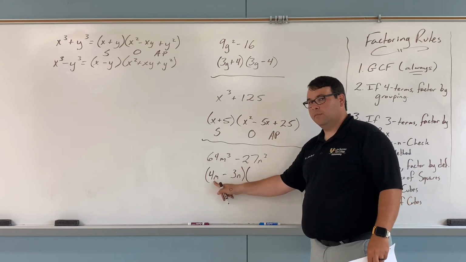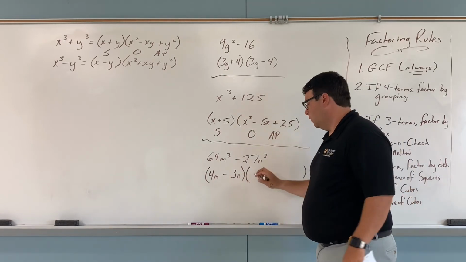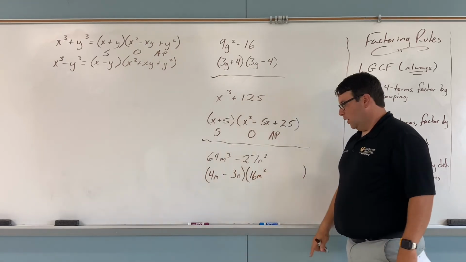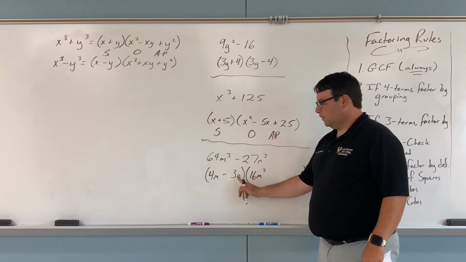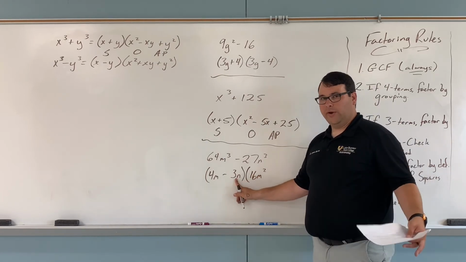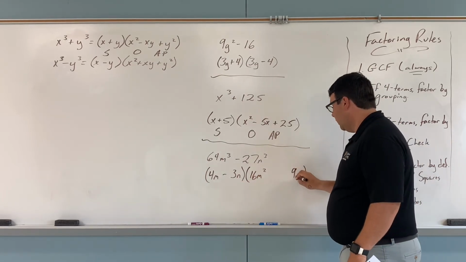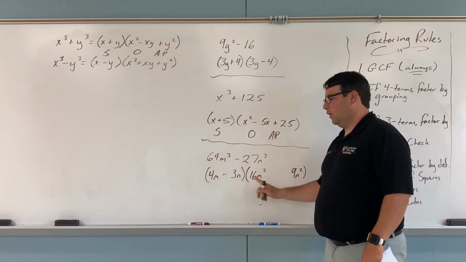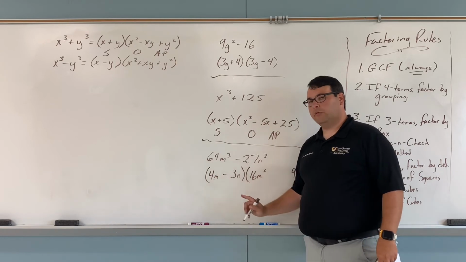It's the first term squared. 16m squared then. What is my last term? It's the last term squared. So that's 9n squared. What is my middle term? These two multiplied.